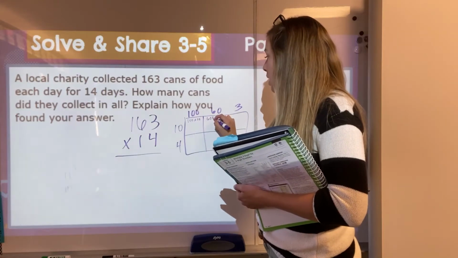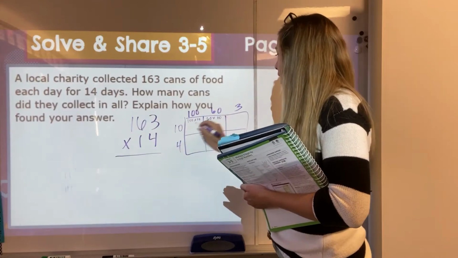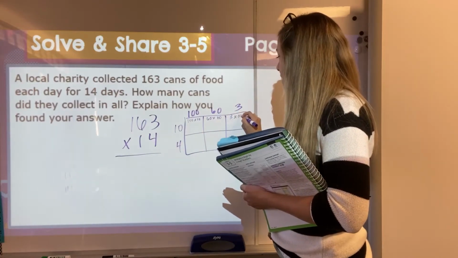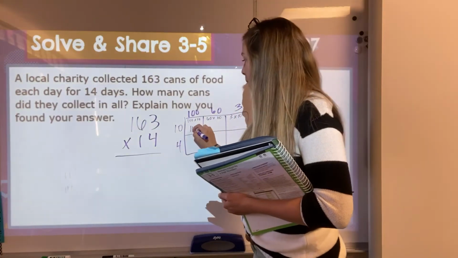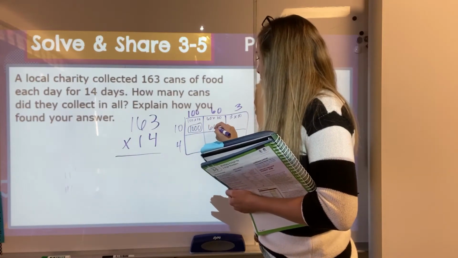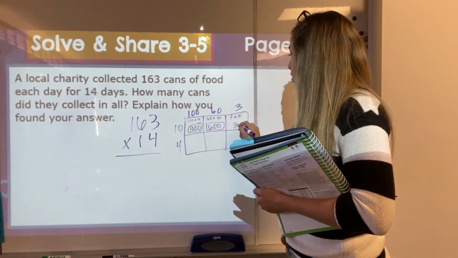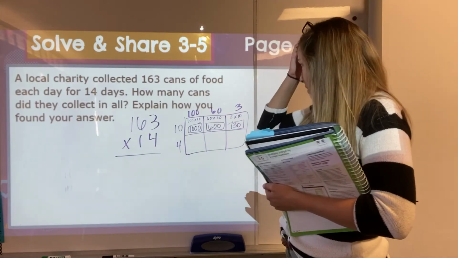So you would have your 100 times 10 here, 60 times 10 here, and then 3 times 10 here. So we've got 1,000, we have 600, and then 3 times 10 is 30 right there.